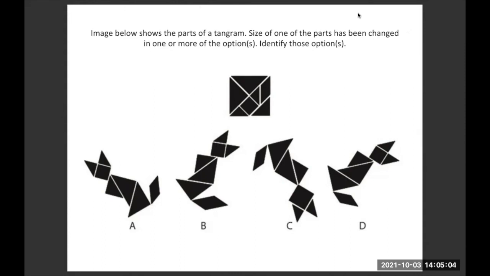Can you suggest how did you arrive at your answers? They are correct? Ma'am, in B, the last shape given has been extended, and in C, the square is also extended. Correct? These two? Yes, ma'am.